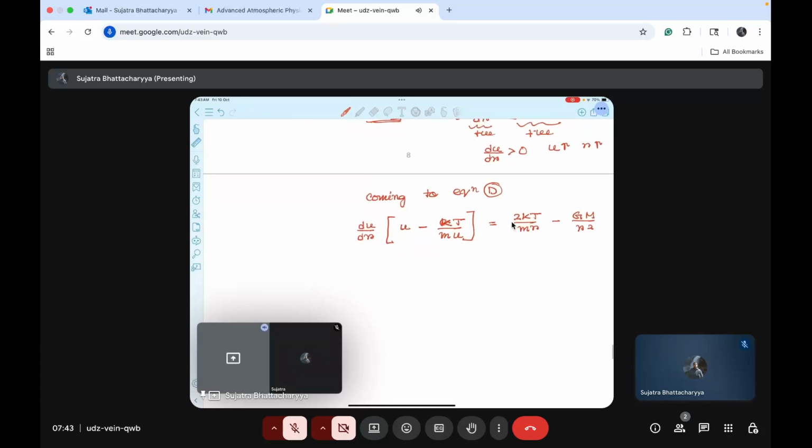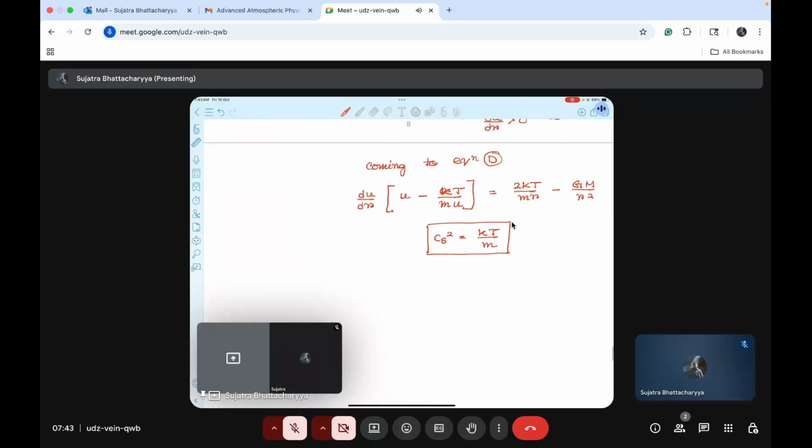So now I know that cs square is kT by m, that is the isothermal speed of sound square, right? So can we replace a couple of things? So du/dr, u minus cs square by u is equal to 2kT by m. What I do is that I multiply by r in the numerator and in the denominator.